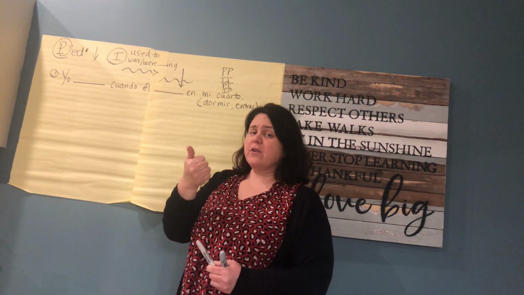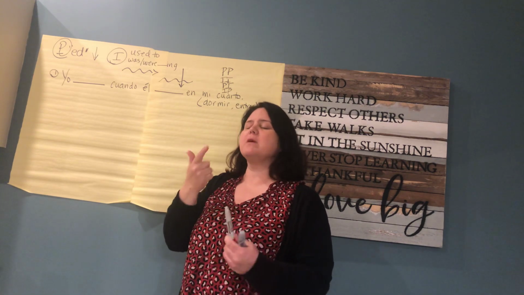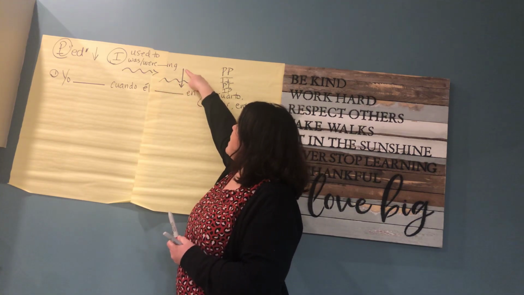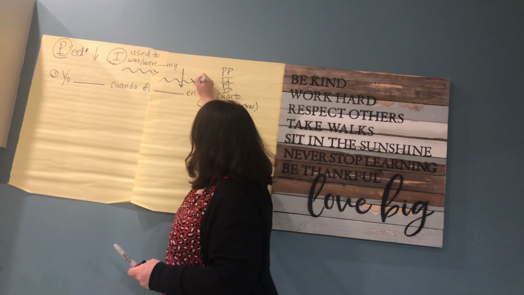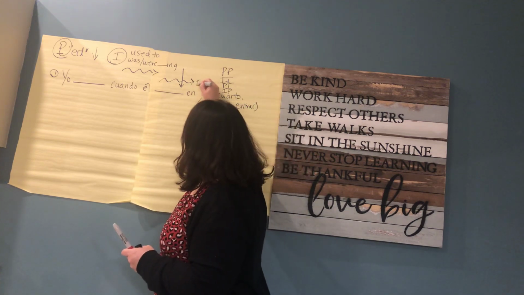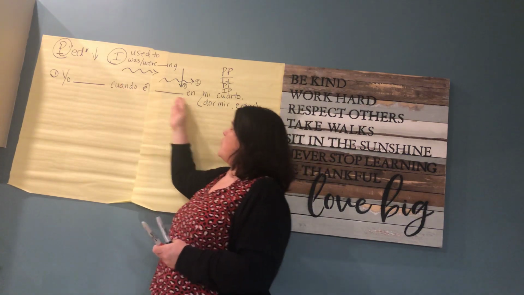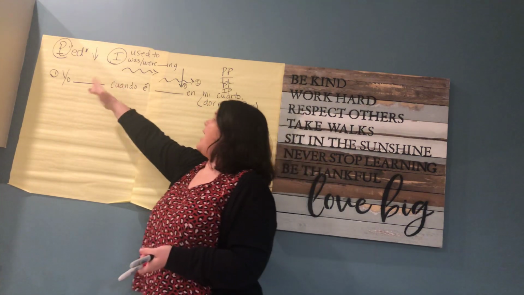Did he enter the room first or was someone doing something? The sleeping was going on. So while I was sleeping, imperfect, the guy entered the room. So this one's imperfect and this one's preterite. Either one can be first in a sentence. I can say he entered the room while I was sleeping, or I can say I was sleeping when he entered the room.